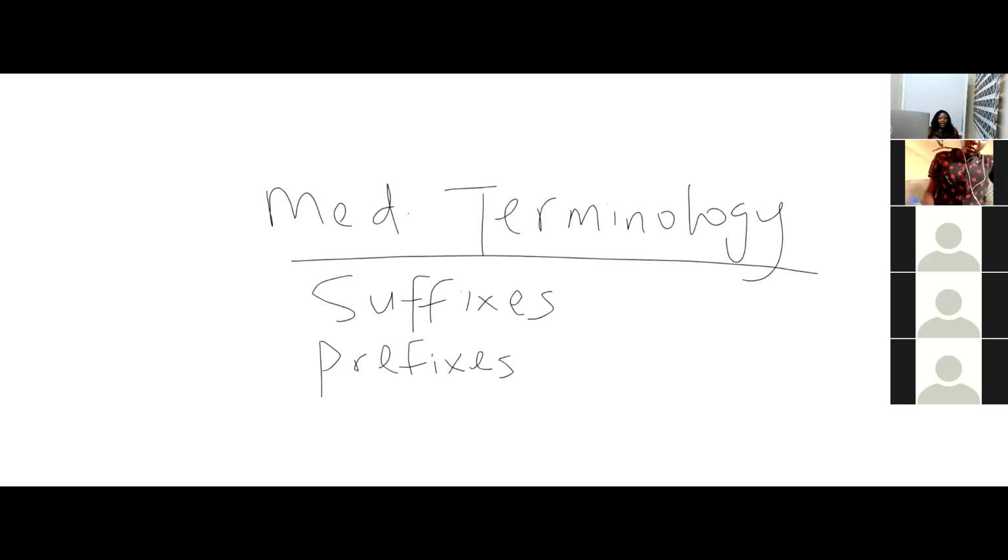And we know that a medical word consists of some elements: we have word roots, we have combining forms, like I listed earlier, and we have the suffixes and the prefixes. How you combine these elements, and whether all of them are present in a medical word, will determine the meaning of the word.